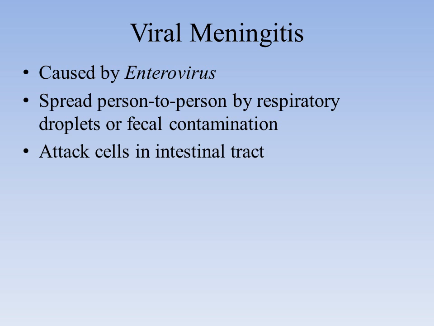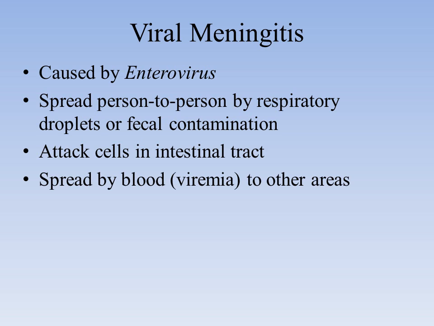What the enterovirus does is attack cells in the intestinal tract naturally, so that's where it normally infects. So how does it get from the intestinal tract elsewhere? It's going to be spread by the blood. Enterovirus might get into your intestinal tract, cause an infection, kill some cells, and because it killed cells, it's able to spread from your GI tract into the blood. And from there, it's going to be spread to other areas.